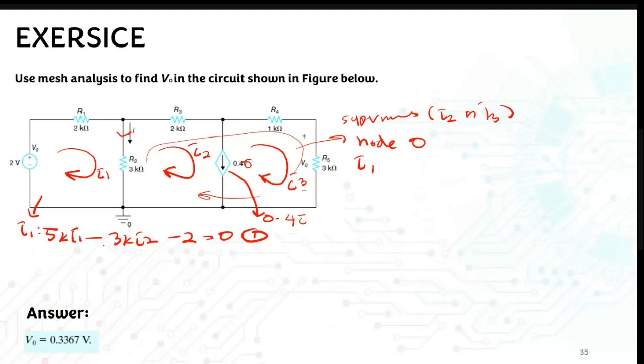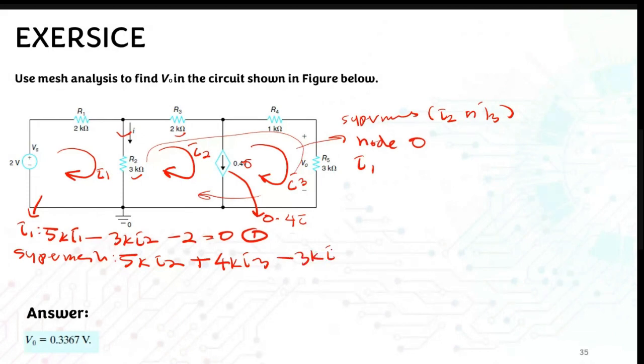And how about your super mesh? Your super mesh is between I2 and I3. In this loop for I2, you have this combination of 3 and 2 resistors, so you will have 5k I2 plus 4k I3, and then you need to minus 3k I1, and then equal to 0.